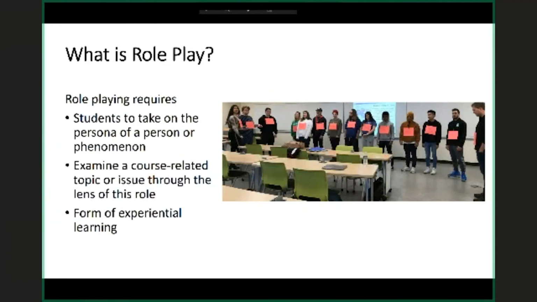While they do that, we examine a specific topic or issue through the lens of their roles. When they all select different roles and play the entire process together, we explore that course-related topic. It's a form of experiential learning. That's what we were trying to get at.